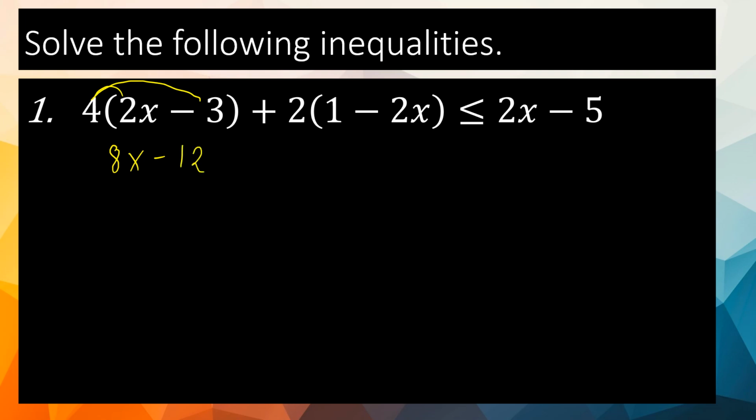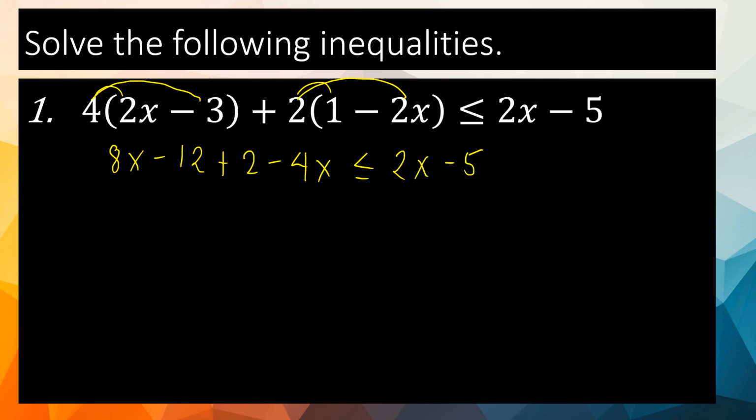Next, let's distribute 2 to 1 minus 2x. 2 times 1 is 2, and 2 times negative 2x is negative 4x. For the other side, we just copy it, 2x minus 5.